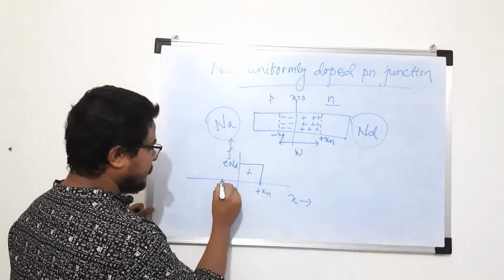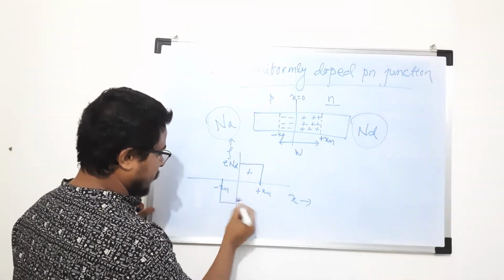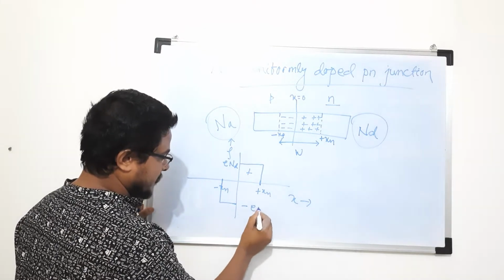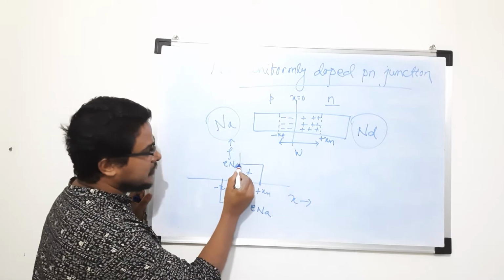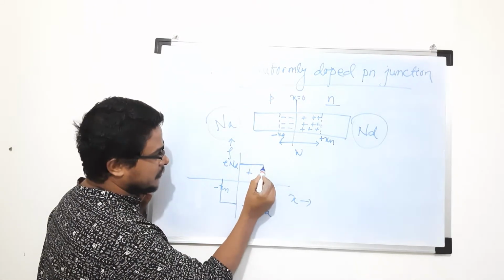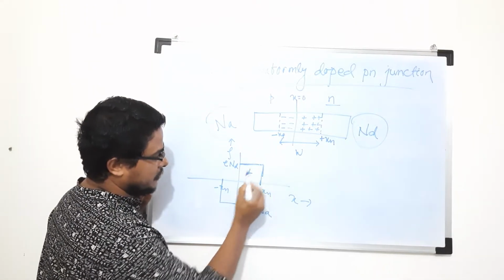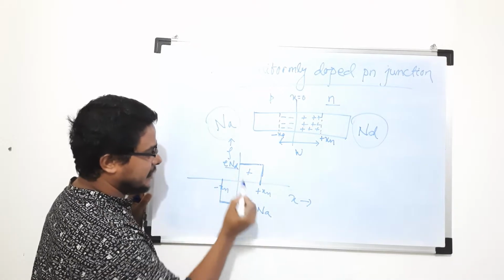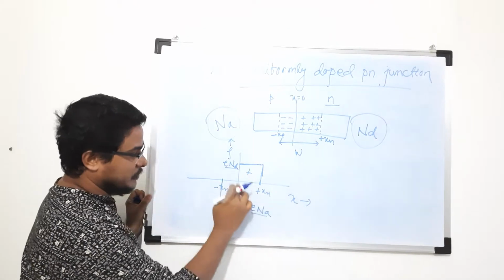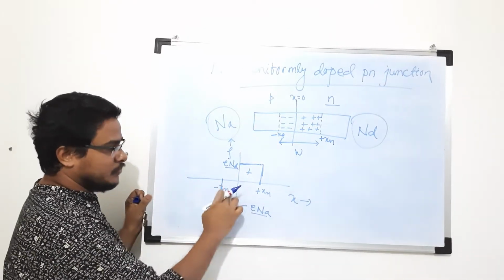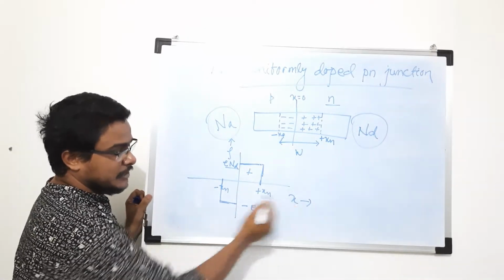This value we said is minus eNA. One thing you need to notice is that the volume charge density in the space charge region, or the depletion region, remains constant. You can see that the values eND and minus eNA are constant, not actually changing in the depletion region with respect to length.